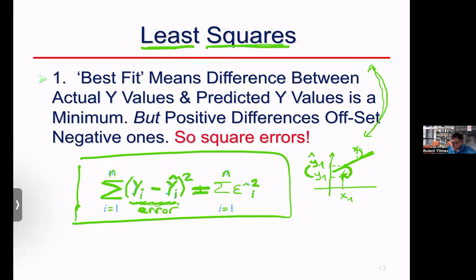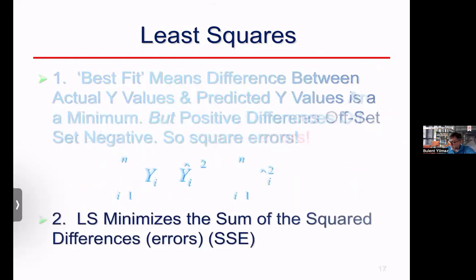I'm gonna square it, and then it's gonna be my total error, right? Total squared error. So that's why I'm going to try to minimize the sum of the squared differences or errors.